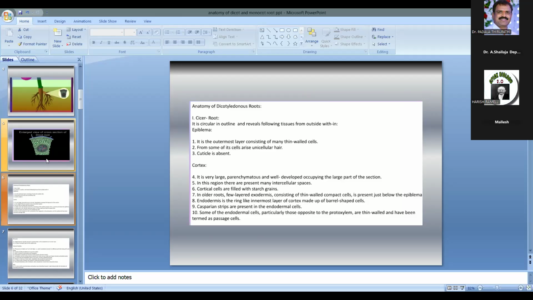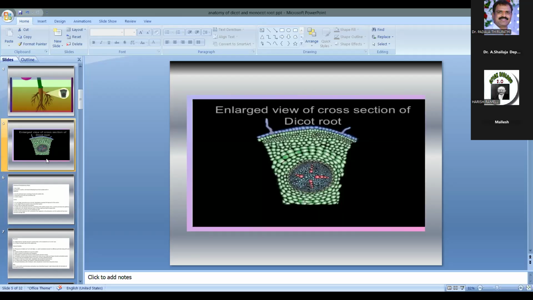A transverse section of the root, as seen here, shows a clear differentiation of the three tissue systems, that is epidermal, ground and vascular tissue systems. We already discussed the epidermal, ground and vascular tissue systems.